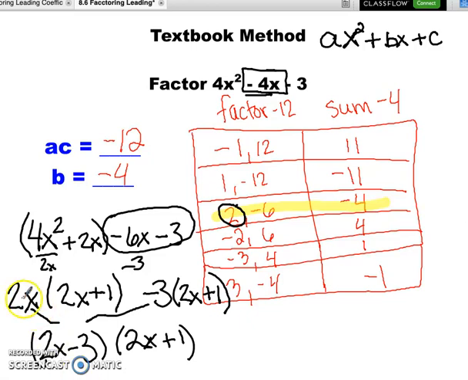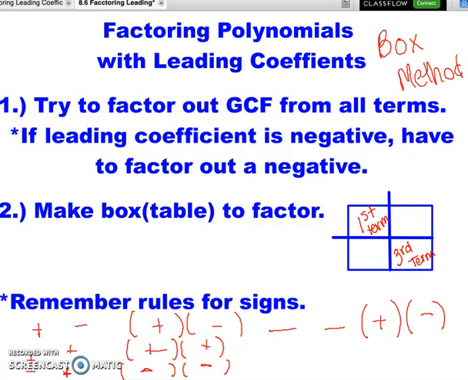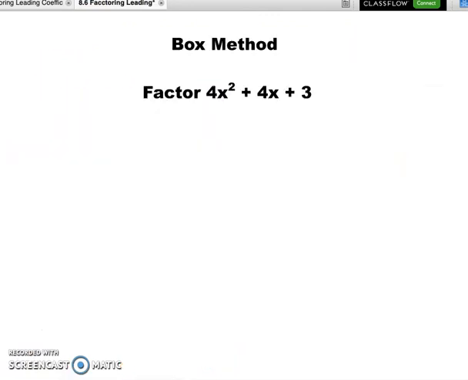So this 2x goes here. This negative 3 goes to the minus 3. Then this 2x plus 1 and this 2x plus 1 goes here. Okay? So this is going to be the box method, and this is going to be in a different video, so I'm going to skip past it.